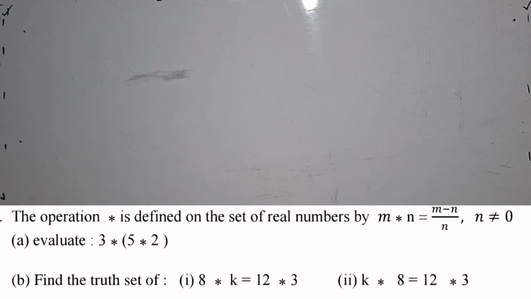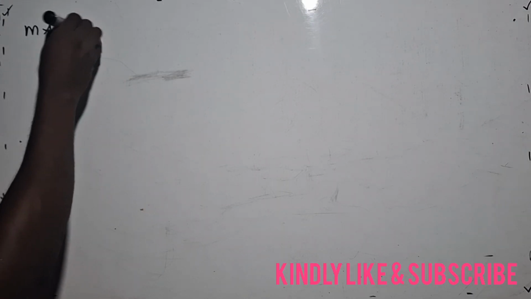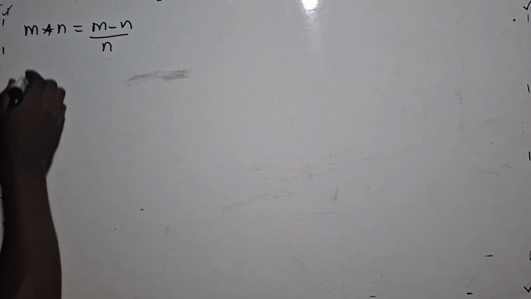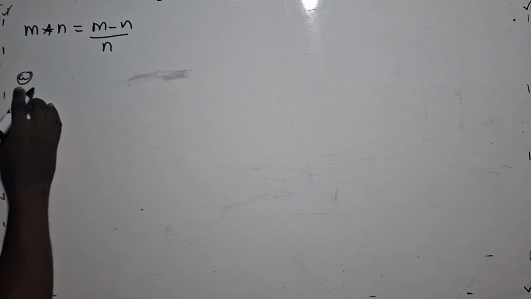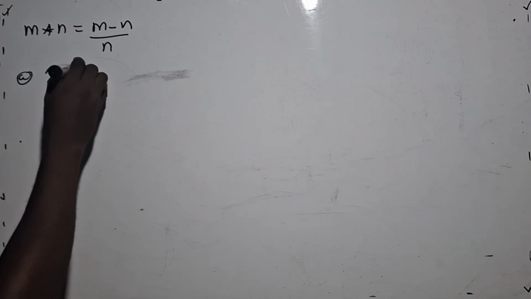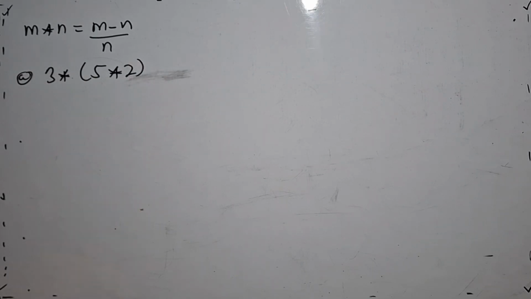So first of all, I'm going to write the operation, which is m operation n equals m minus n all over n. A says 3 operation bracket open 5 operation 2.